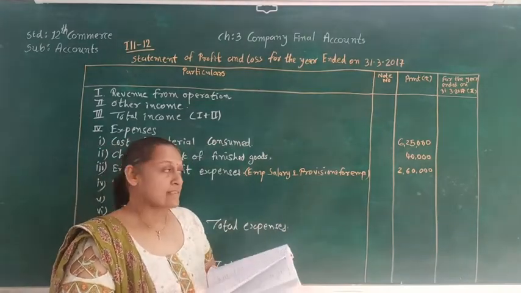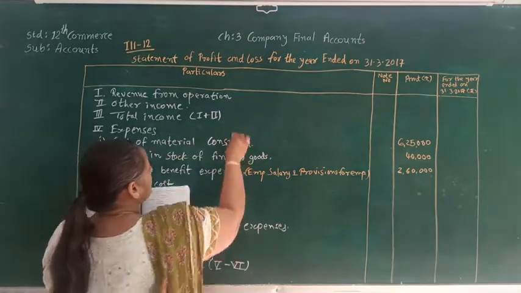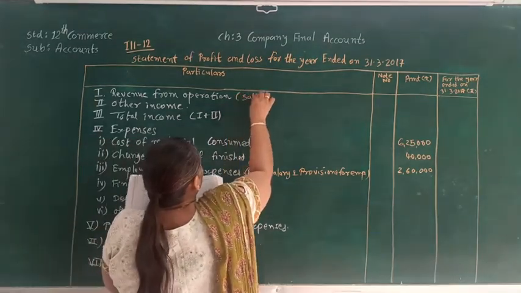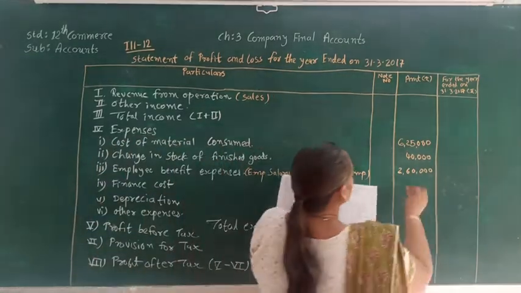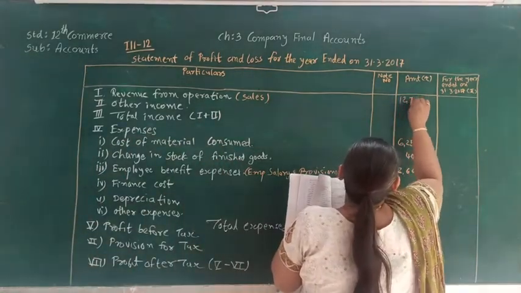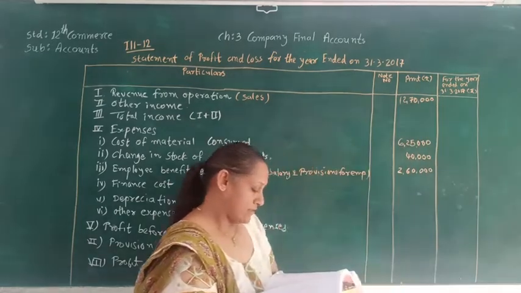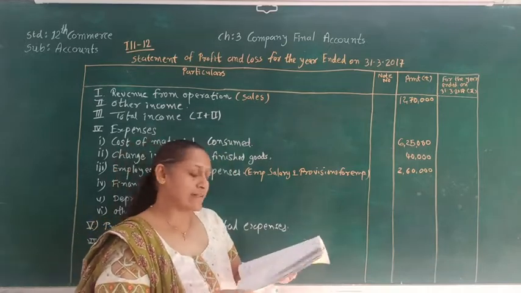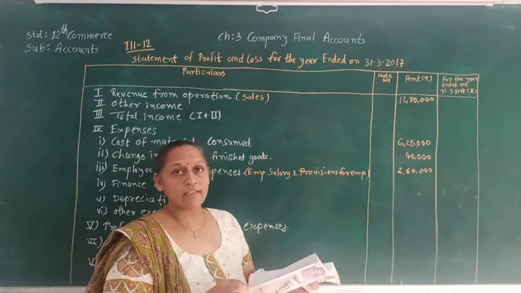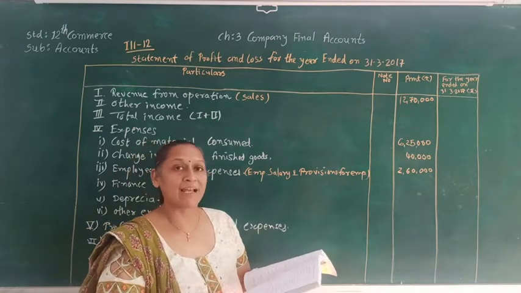Then there is sales. Sales we will write as revenue from operation, as it is the main income of the business. And sales given to us is 12,70,000. After that, the another balance given to us is interest paid. Interest is paid on the loan borrowed from others, and that will be our finance cost.